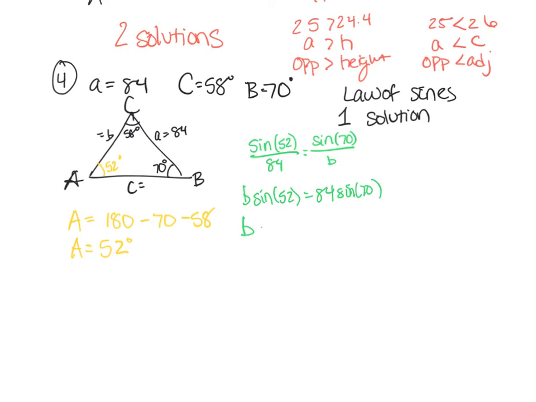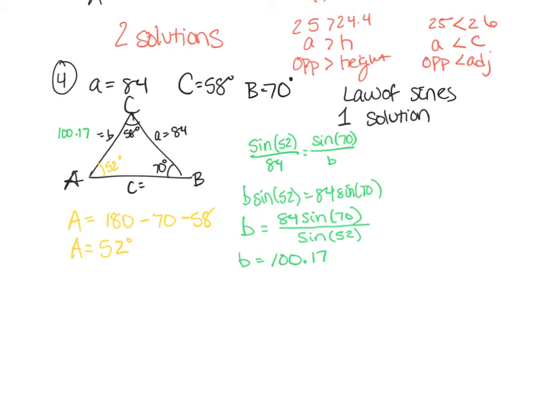So when we divide both sides, we get 84 times sine of 70 over sine of 52. When we plug that into a calculator, we get that B is 100.17. Remember, please round to the second decimal place for your sides. So I'm going to include that in my triangle.